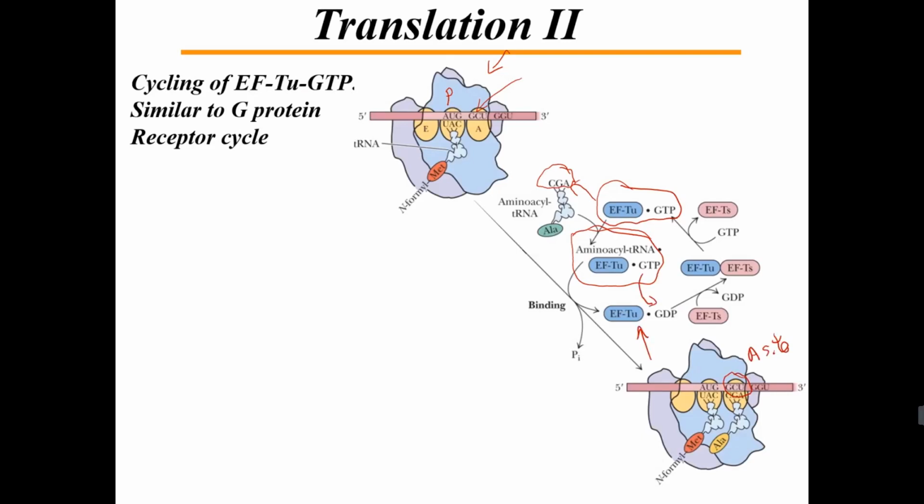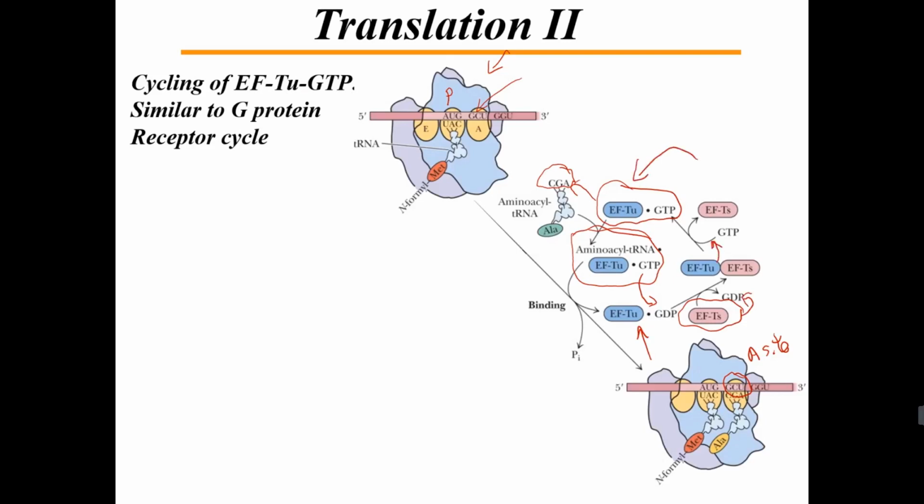This leaves the EF2 with a GDP bound. And again, the EF2 will then be regenerated by using EF-Ts, which promotes dissociation of GDP from EF2 and allows EF2 to bind a new GTP so that it is ready to associate with another aminoacyl tRNA.